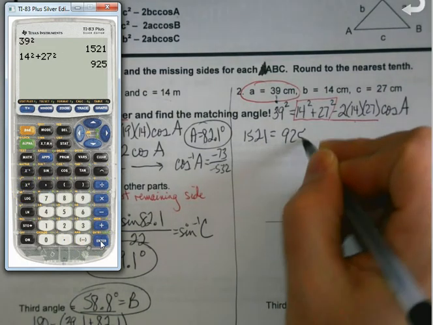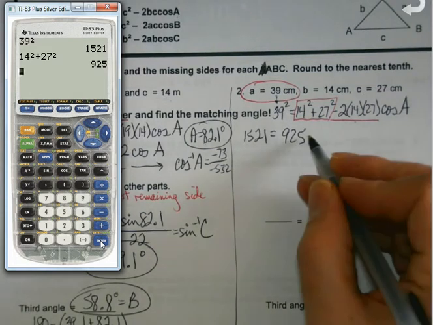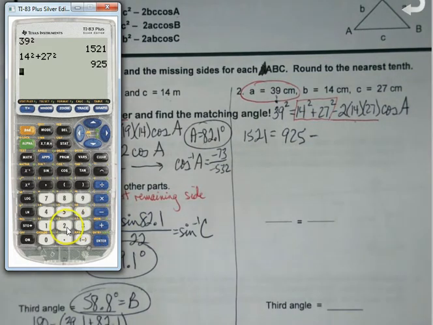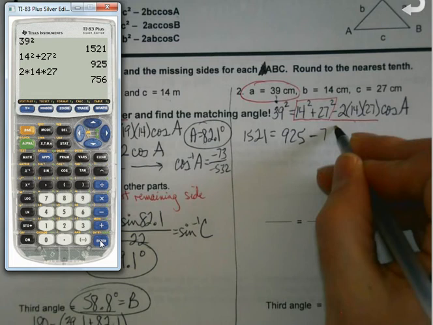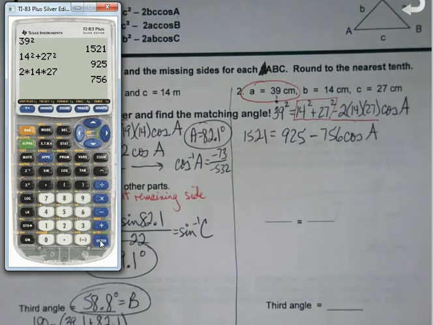I can't just plug that all in at once like I did before when I had the actual value of the cosine, at least of its angle. Okay, so I have to keep those separate. And again, I can't subtract 925 minus 756 because I treat cosine A like it's a variable. They're not like terms.